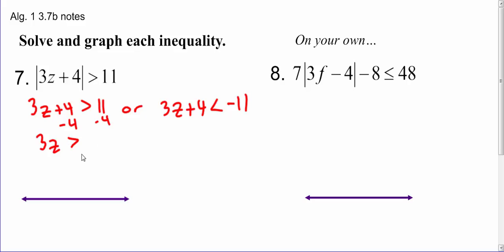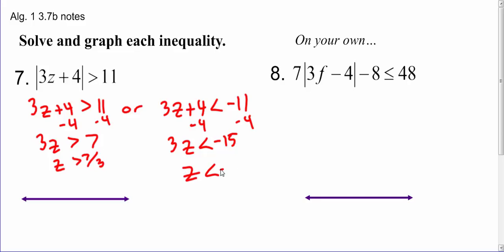So 3z is greater than 7, and then that would mean z is greater than 7/3. And then over here, we'd actually have the same 2 steps. Subtract 4. So 3z is less than negative 15. Then divide by 3, and z is less than negative 5. And again, remember, this is greater, so the word is or.